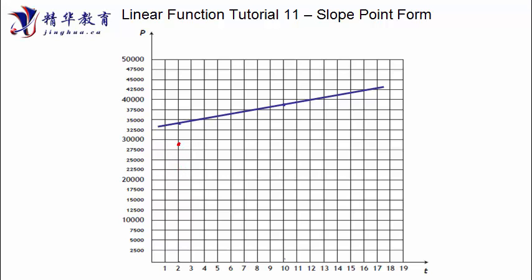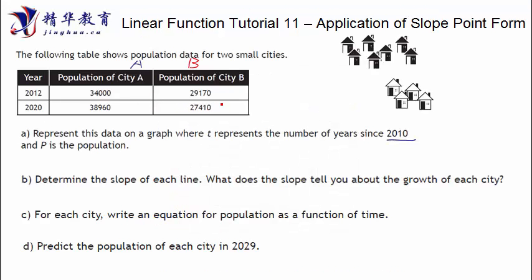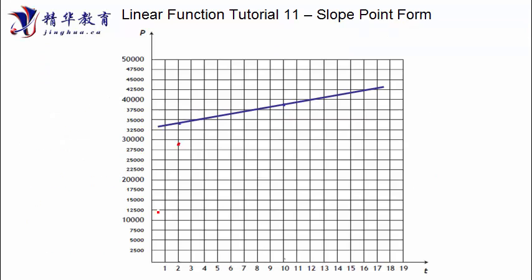And then the other one, after 10 years, becomes 27,410. So after 10 years since 2010, it's 27,000, which is in here. Now we draw another line here. There we go. Now we have 2 lines on the graph.